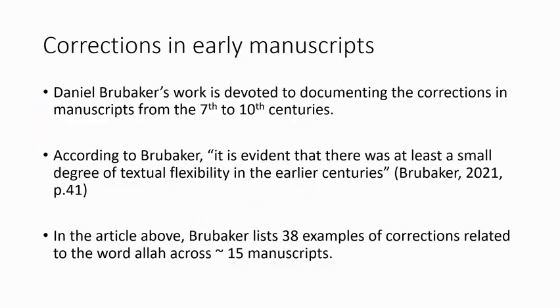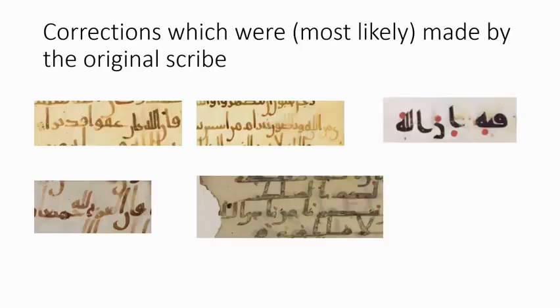The situation that Brubaker is proposing is that the scribe was writing the Quran, came across a verse, disagreed with what the Uthmanic text had to say, or whoever you trace the text back to, whether it's Abdul Malik or Uthman, and wrote down what he thought was correct. If the scribes were doing that, it's difficult to explain why the original scribe himself corrected it.